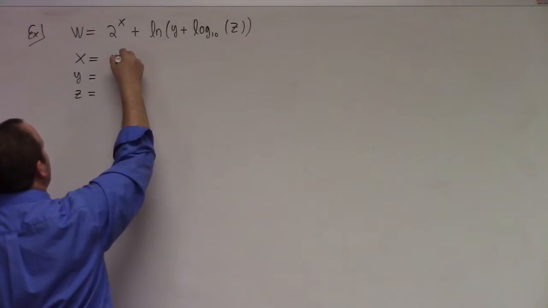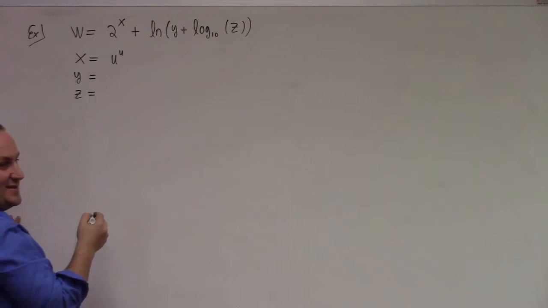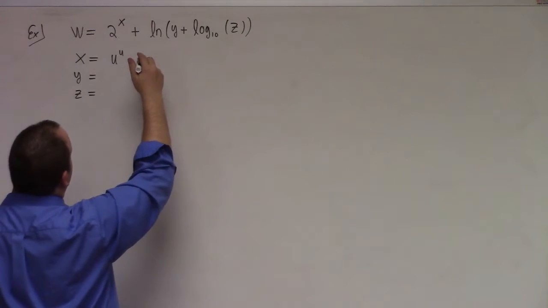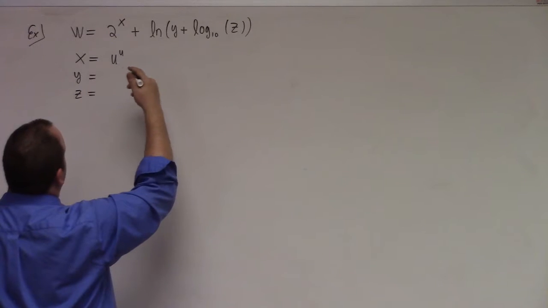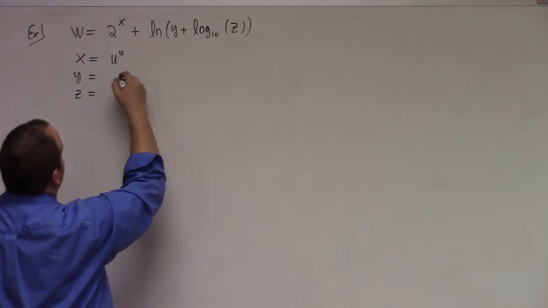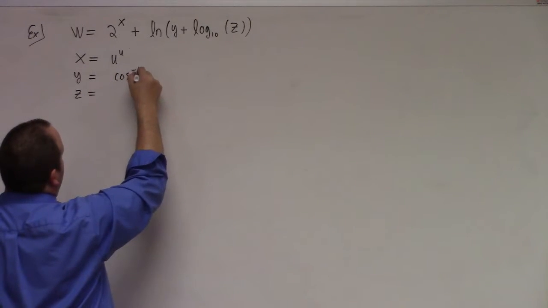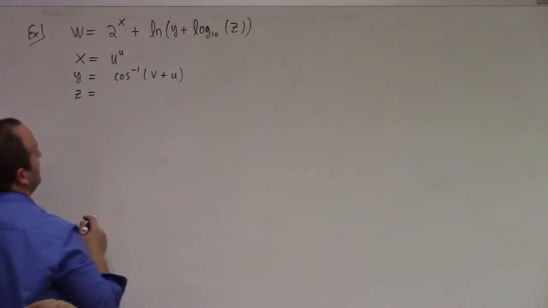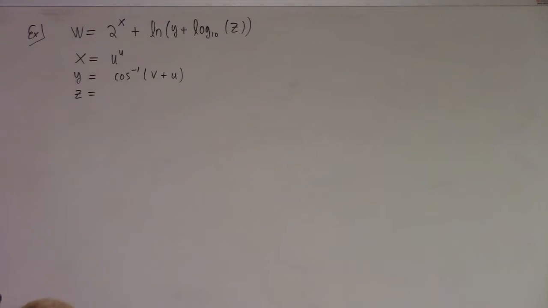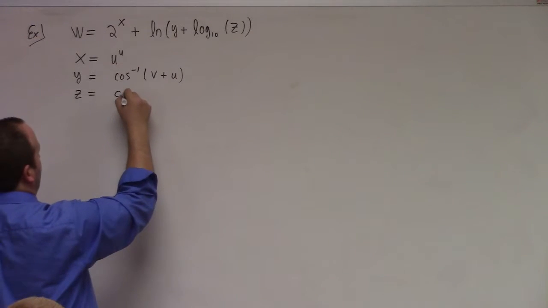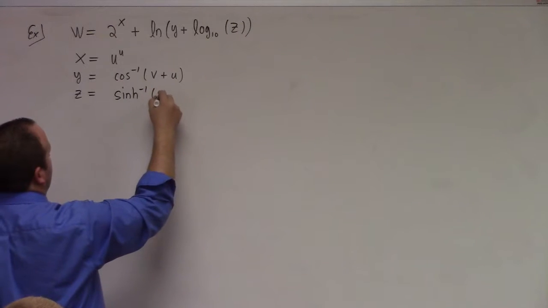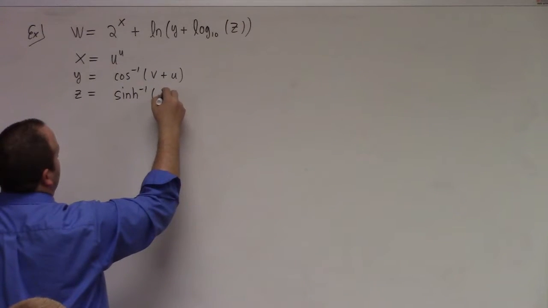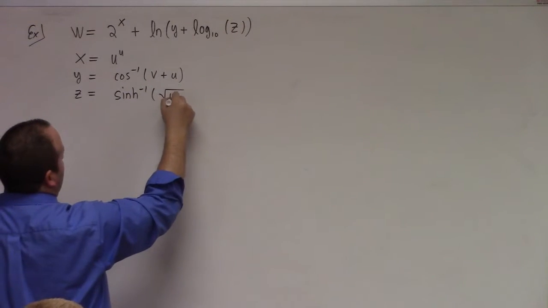Okay, so u to the u. I'll take it. And then u to the u. How about the inverse cosine of v plus u? And how about, I don't know, inverse hyperbolic sine of square root of u. There, that's pretty awful.